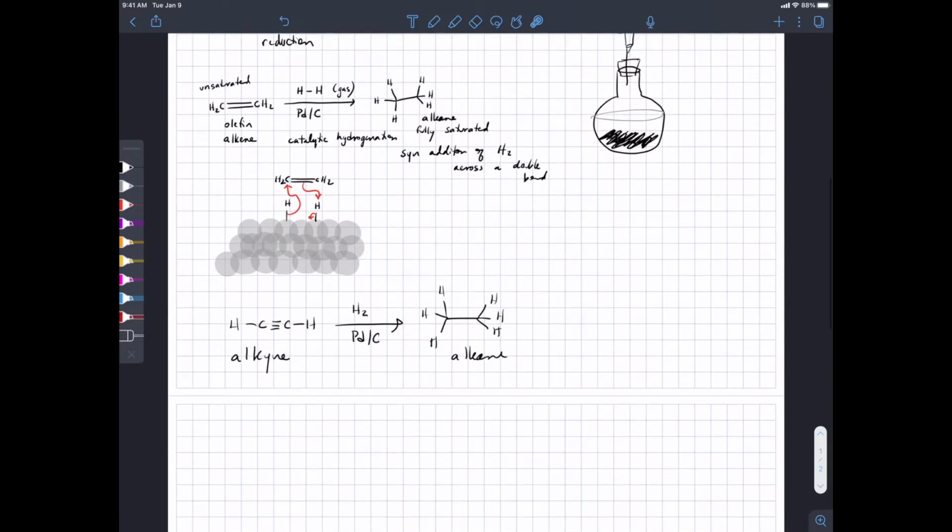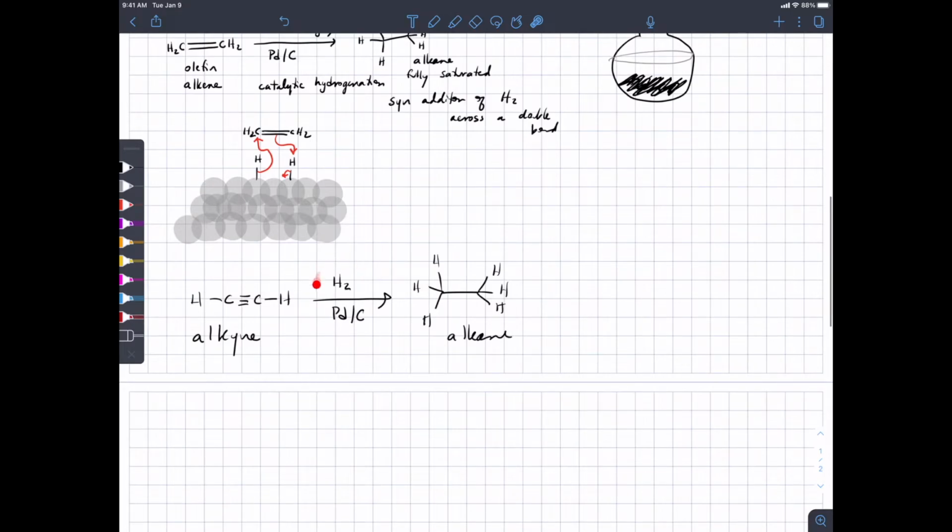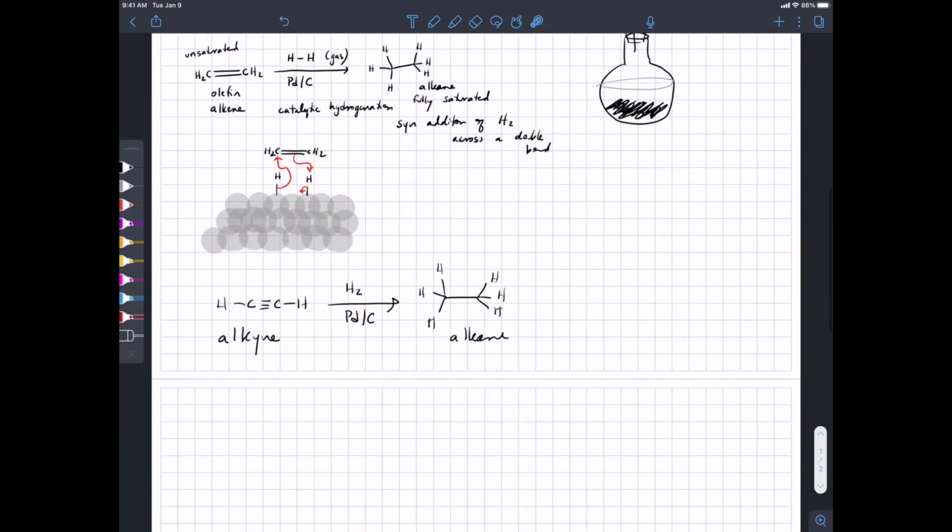So even if you tried to measure out one equivalent of hydrogen, as soon as you formed alkene, if the reaction wasn't complete, some of that alkene would go all the way to the alkane, and you'd end up with a mixture of products. So instead, we use an excess of hydrogen and go all the way to the alkane. Do you see how that's a reduction in the sense that we're increasing the number of carbon-hydrogen bonds?